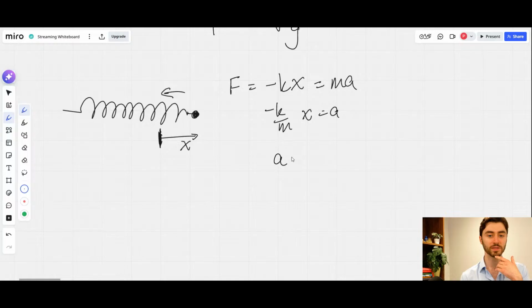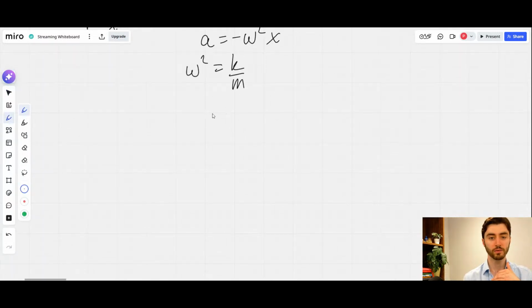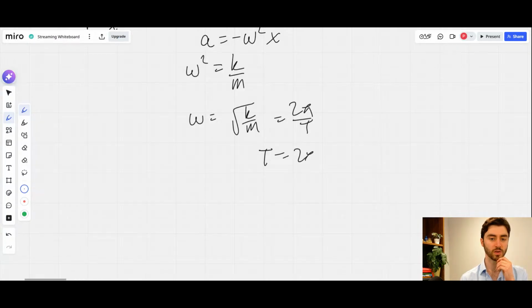But reminding ourselves that a was equal to minus omega squared x, it means that omega squared is equal to k over m. And we go through exactly the same thing for the rest of it. Omega is root k over m, which is 2 pi over T. So T equals 2 pi root m over k.